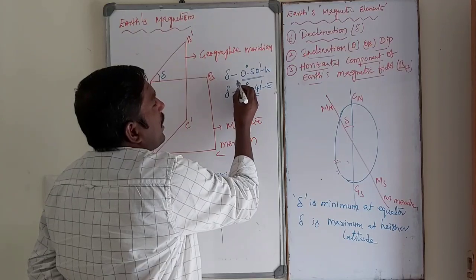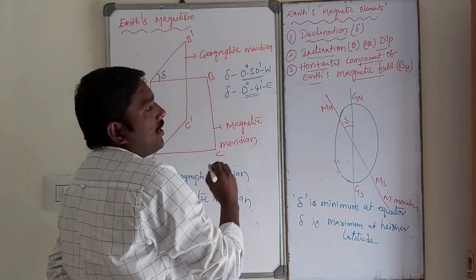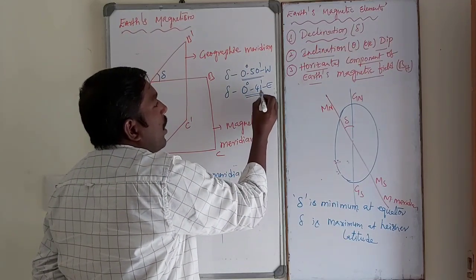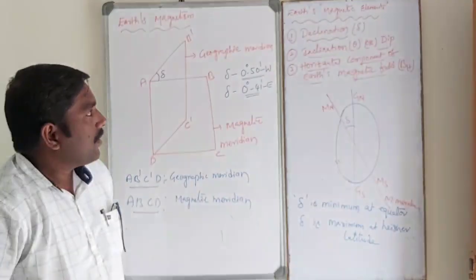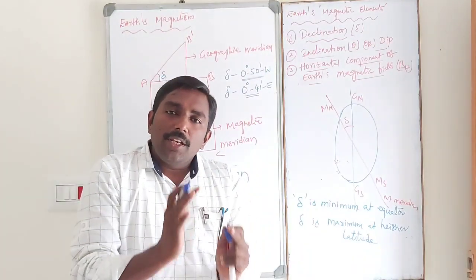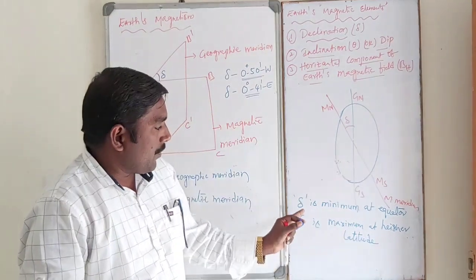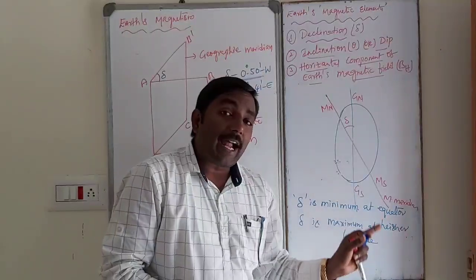The value of declination at Mumbai is 0 degree 50 minutes towards west, and at Delhi 0 degree 41 minutes towards east. However, declination in India is low. Of course, it varies from place to place. Already we know delta is minimum at the equator and maximum at higher latitudes.